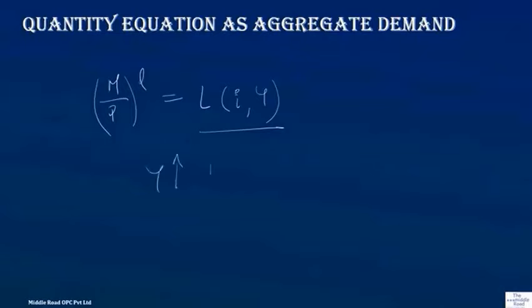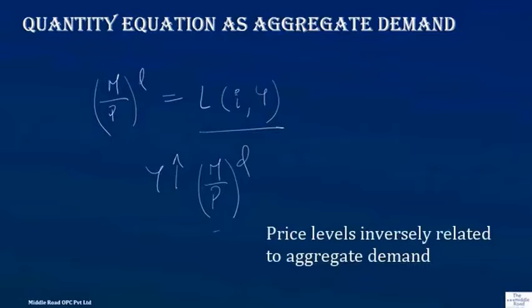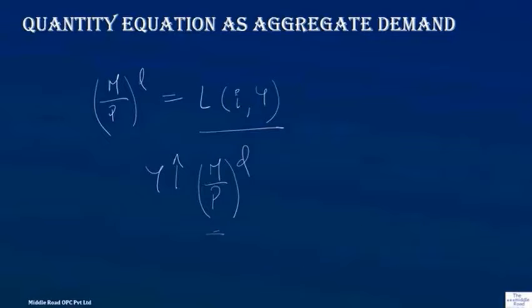So demand for real money balances is positively related to Y. As Y increases, so does the demand for real money balances, whereas it is inversely proportional to i. It is ultimately inversely related to P. As the price levels go down, demand would increase because P is in the denominator.